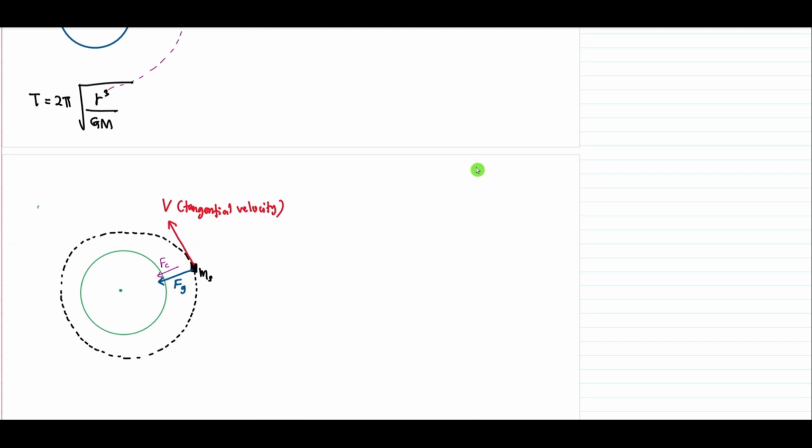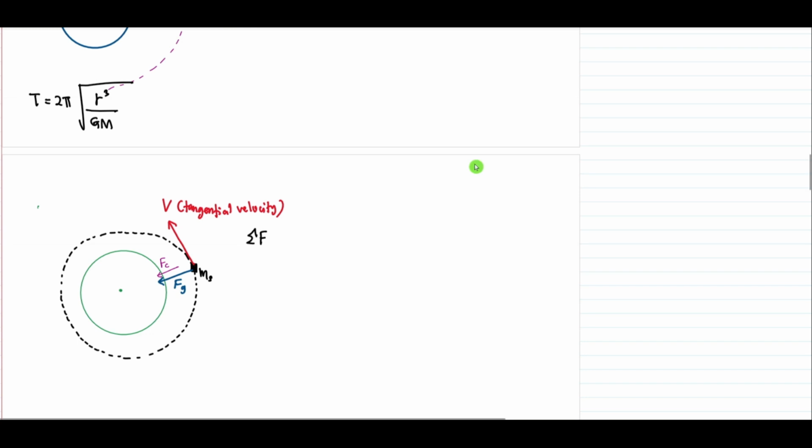So kita dah belajar chapter 6 berkenaan dengan centripetal force. Jadi force apa yang provide the centripetal force on the satellite so that it can move in the circular path? Jawapannya adalah gravitational force. So dua force ini kita akan tulis dalam equation. So this is the circular motion.